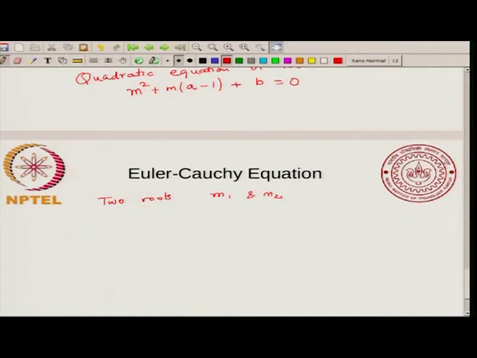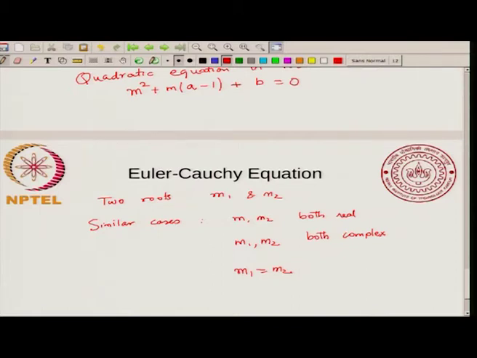Again you can have similar cases. m1 and m2 can be both real, or both complex, where complex means they have both a real and an imaginary part, or you can have m1 equal to m2.